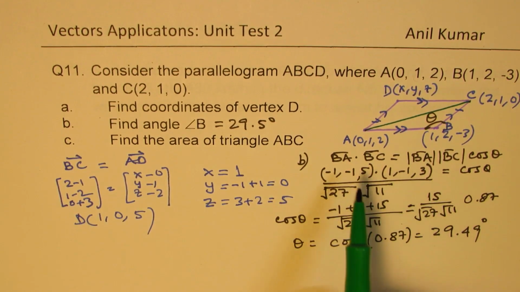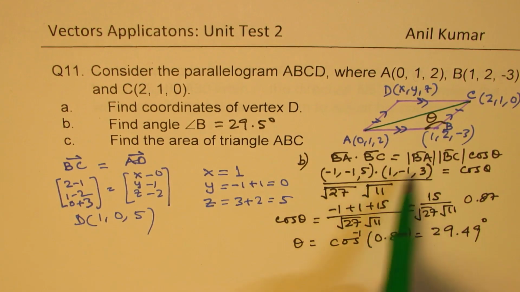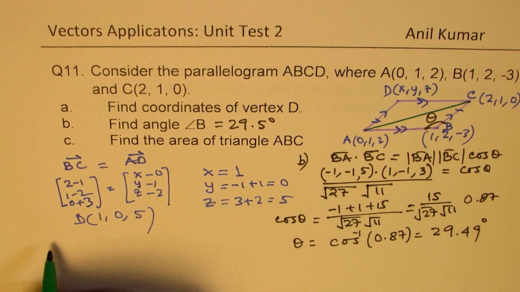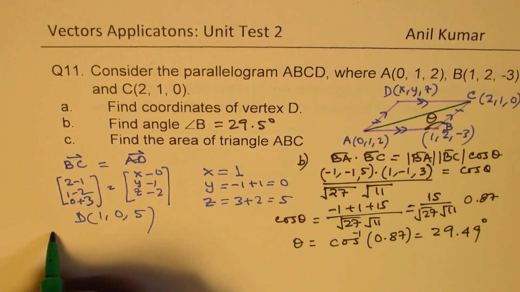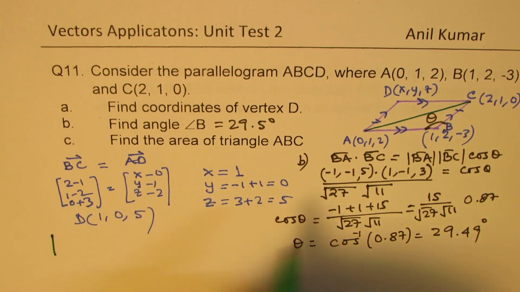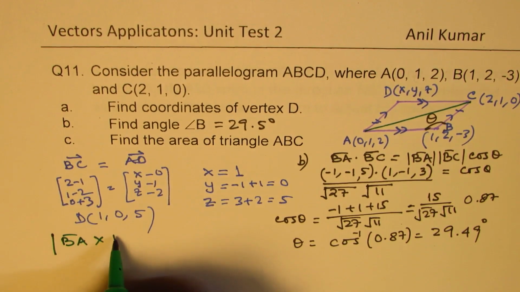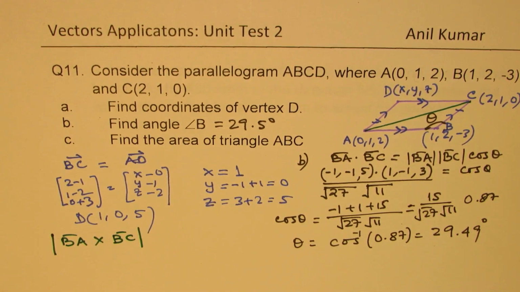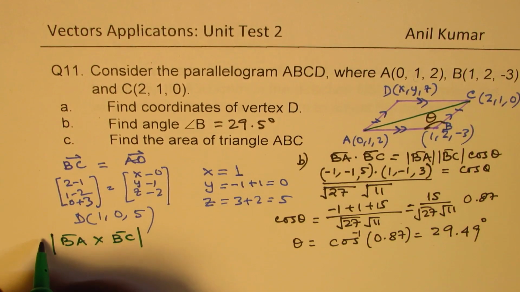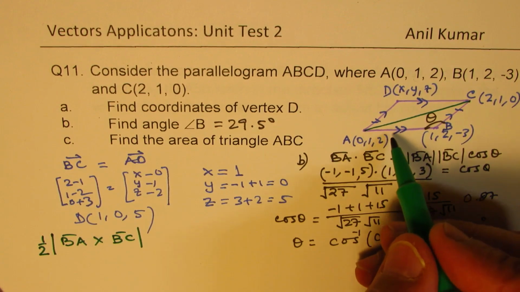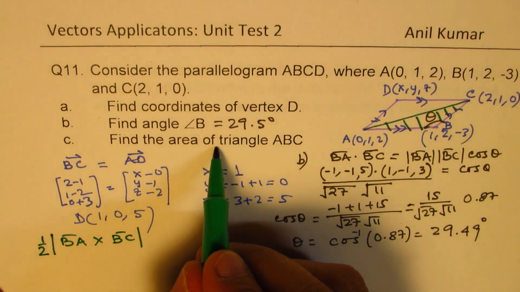Since we are looking at the magnitude, we can write it this way: the magnitude of BA cross BC. This gives you the area of the parallelogram, so half of this will be the area of the triangle. We're talking about this triangle. Is that clear to you?